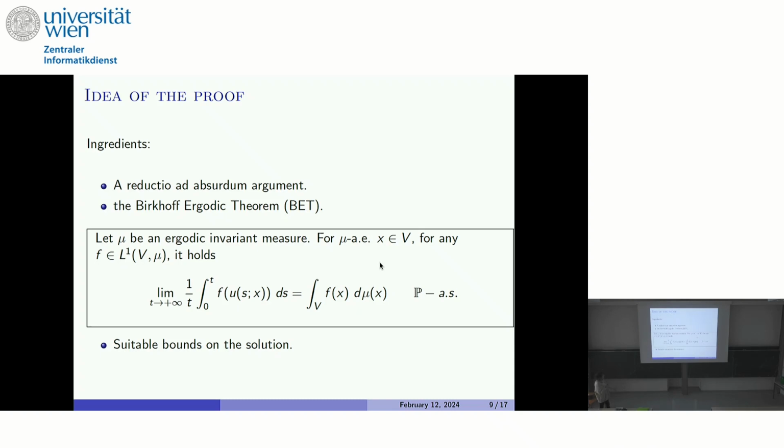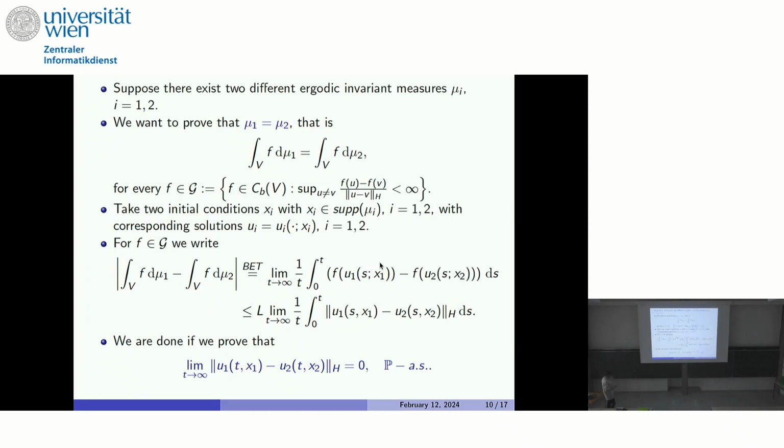So the idea is to use this ergodic invariant measure to prove uniqueness of the invariant measure, and of course in the proof we will need suitable a priori estimates on the solution.